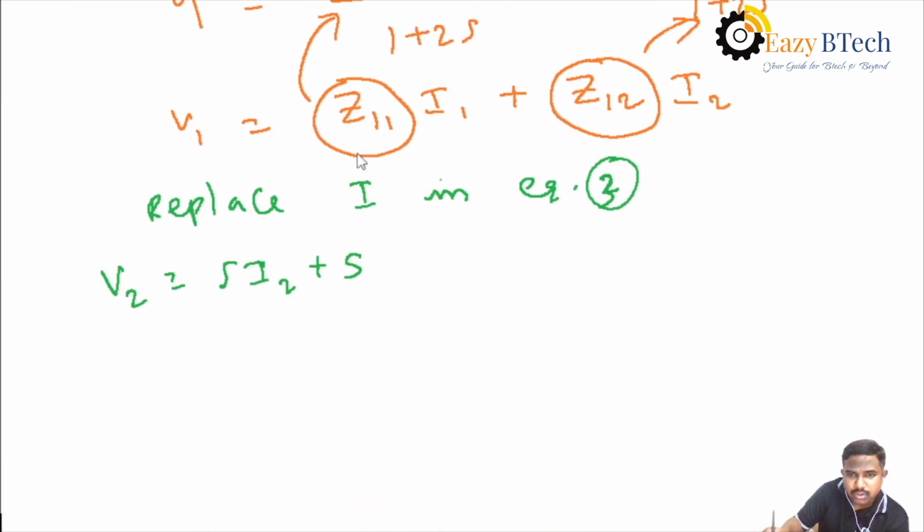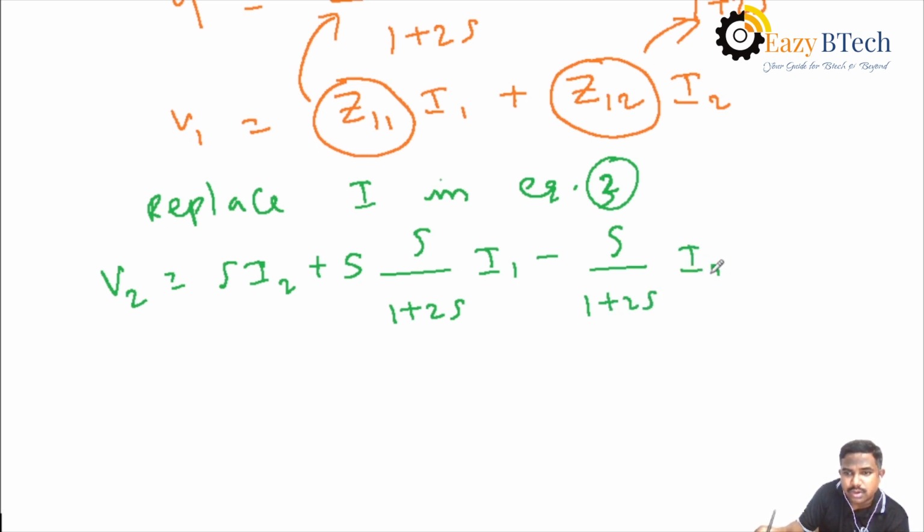Then we have to replace the value of I here with S by 1 plus 2S into I1 minus S by 1 plus 2S into I2. This is the value of I here.